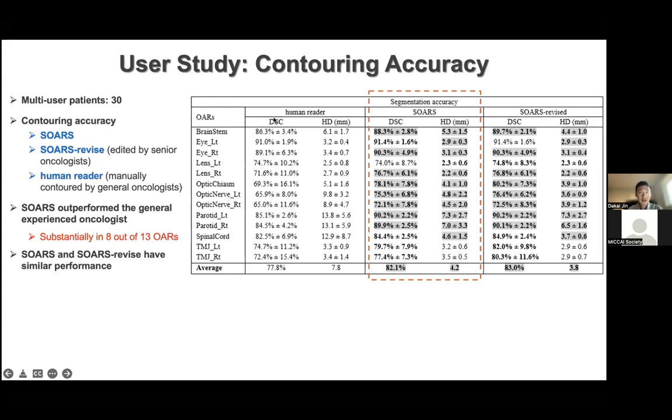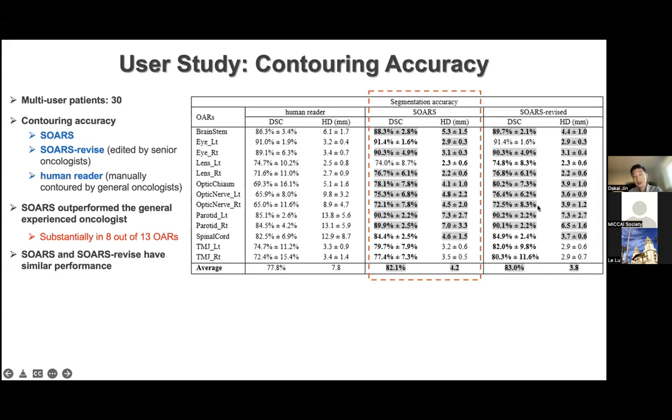We see that both source and source revised models have overall performance that is already smaller than the inter-user variation, which is about less than 80% dice score and almost 8 millimeters in Hausdorff distance. However, the source and source revised have a substantially improved performance in 8 out of 13 organs.